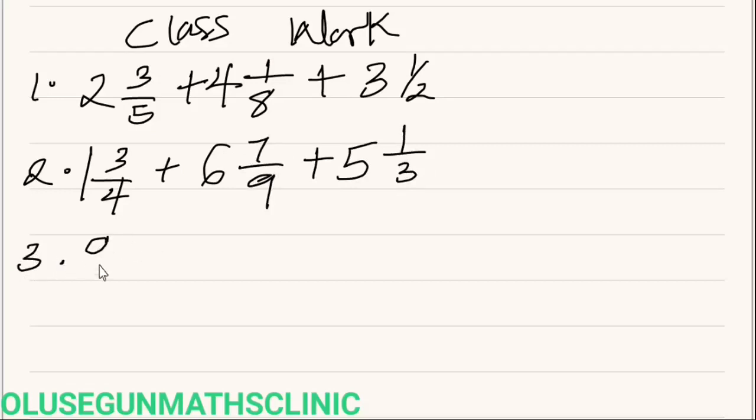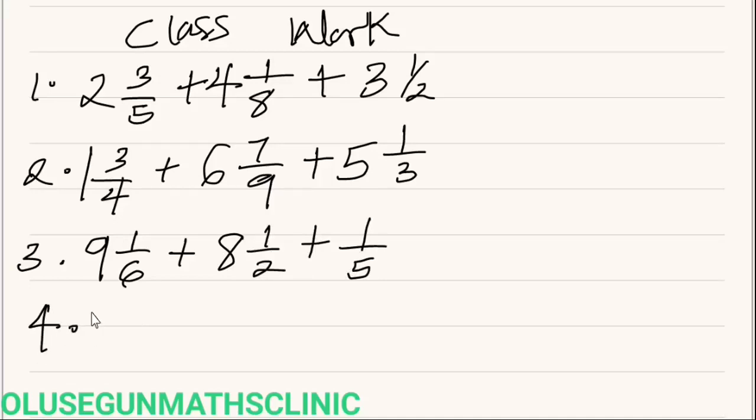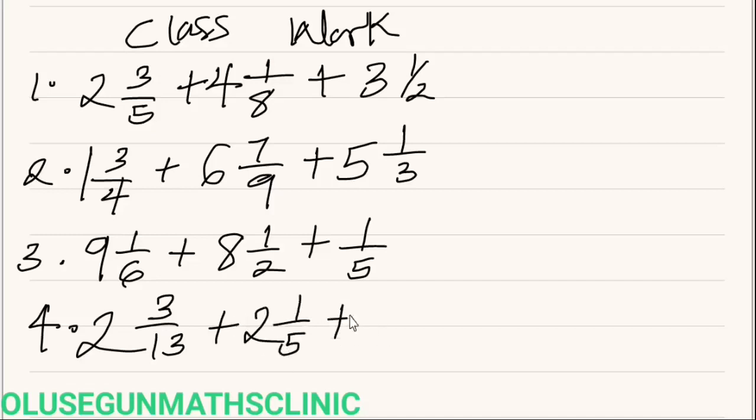Number 3, we have 9 whole number 1 over 9 plus 8 whole number 1 over 2 plus 1 whole number 1 over 5. And that one is 2 whole number 3 over 13 plus 2 whole number 1 over 5 plus 8 whole number 3 over 10.